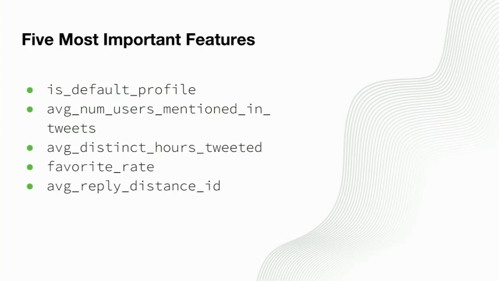Again, we talked about those restless accounts. We of course hypothesized, and our model actually showed this, that it tried to find users that had those high numbers. We also looked at favorite rate and also the distance between the particular user's ID and the ID that they were replying to. So we found that our model was actually better with this particular data, as we hypothesized.